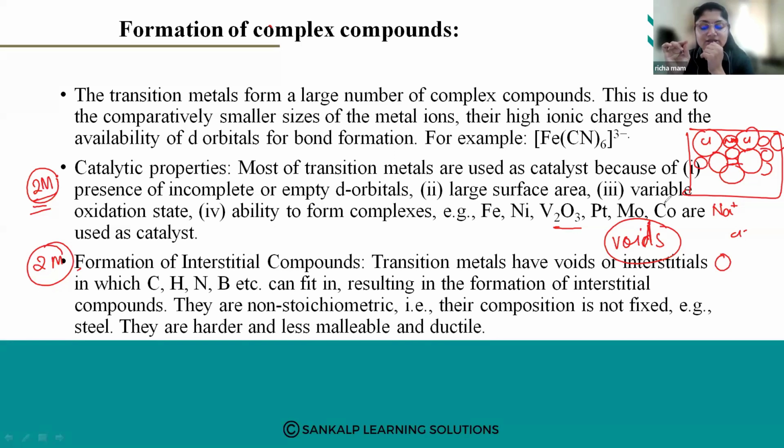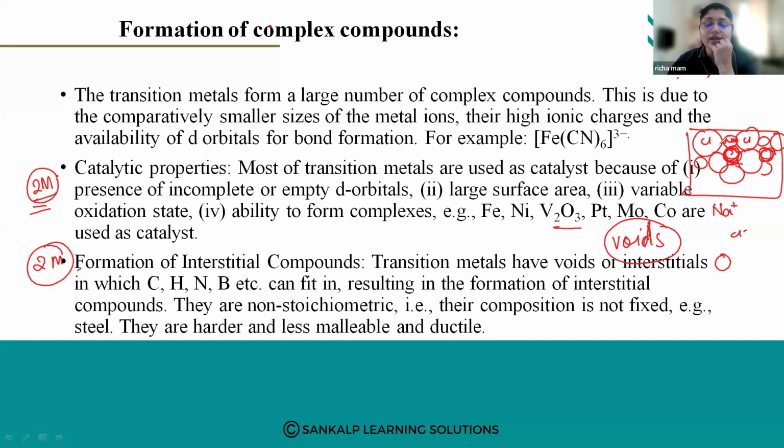Interstitial compounds are those which are formed when small atoms, like hydrogen, carbon, nitrogen, go and fit into these small spaces and take their place.